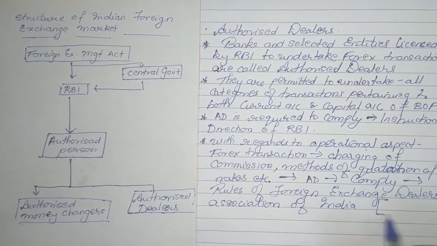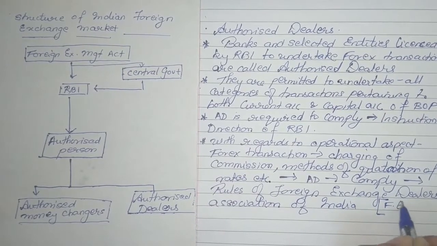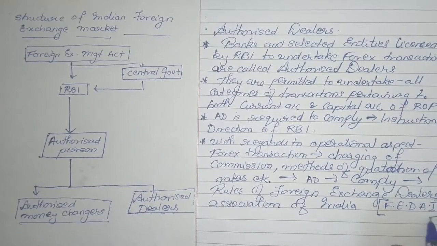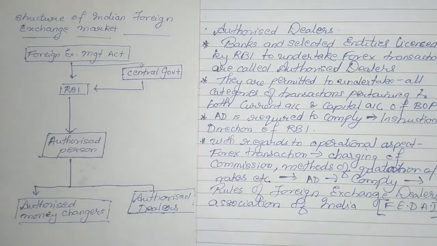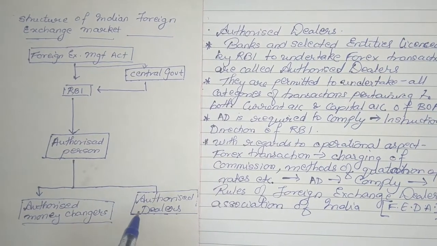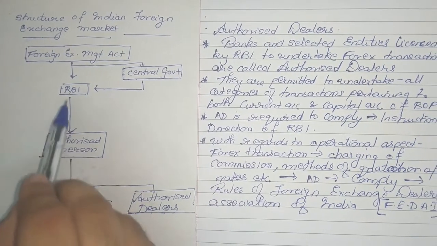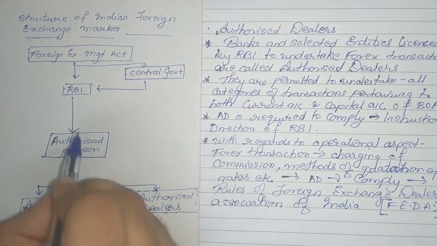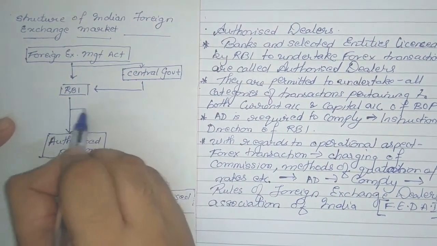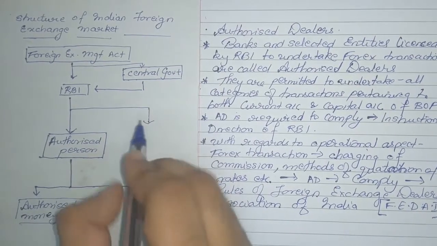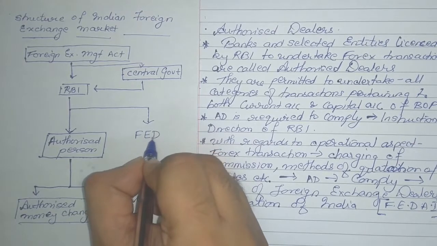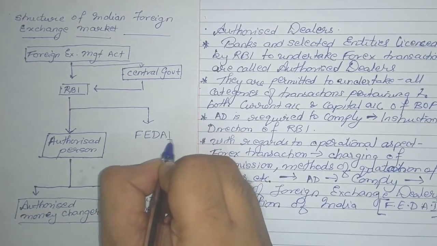It is also known as FEDAI. So now we can incorporate in our structure that authorized dealers not only have to follow the rules and regulations of RBI, but along with that they also have to follow the rules of the Foreign Exchange Dealers Association of India.